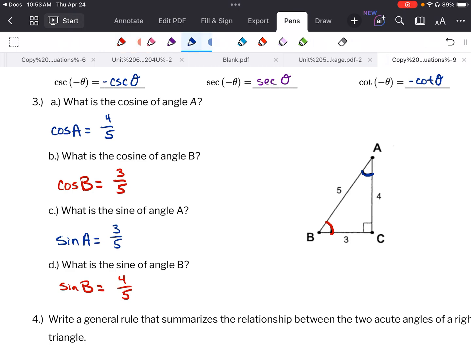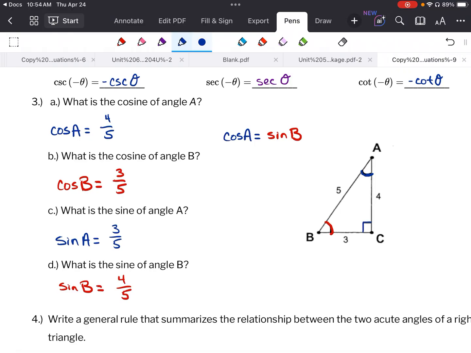That cos of A is equal to the sine of B. And if we think about the angles inside of a triangle, we have this box that represents 90.